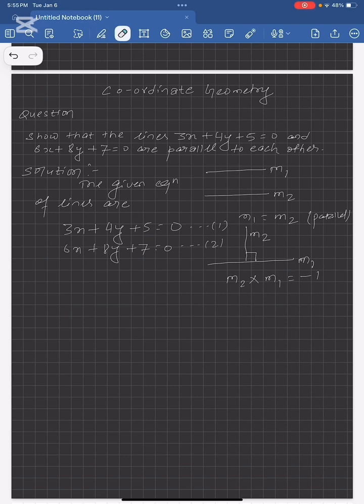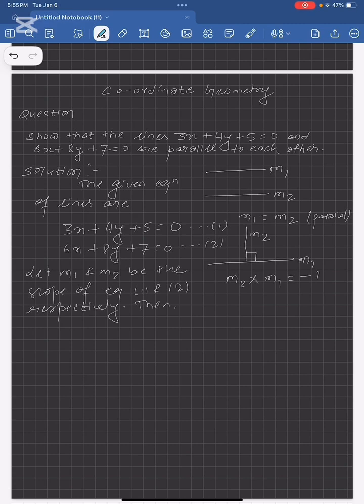So let m1 and m2 be the slope of equation 1 and 2 respectively.